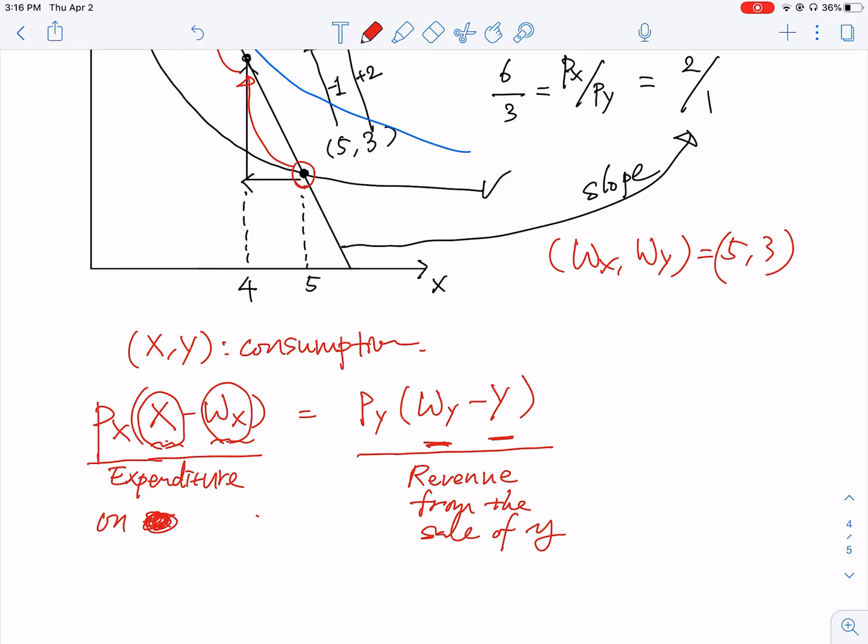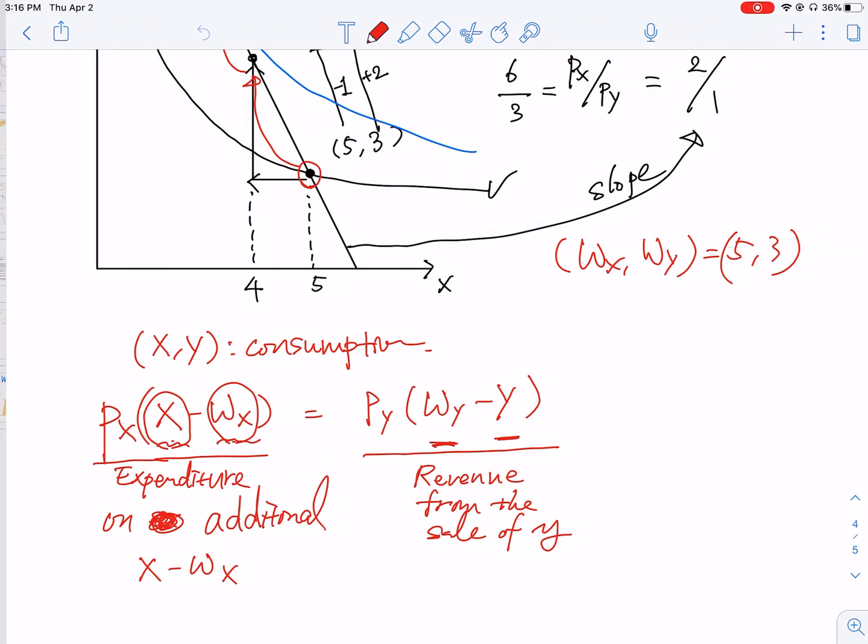The expenditure on the additional X, which is X minus WX, times px, is the expenditure.